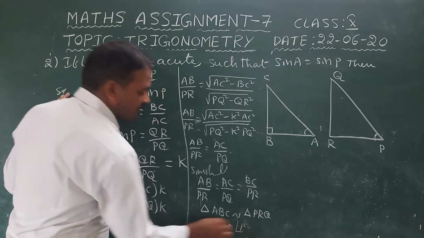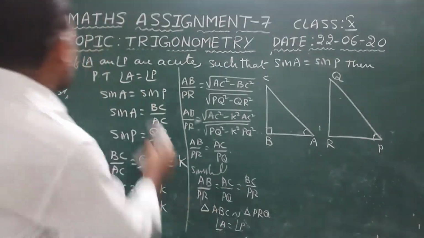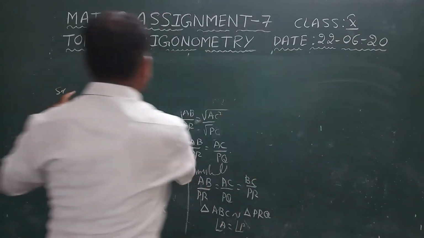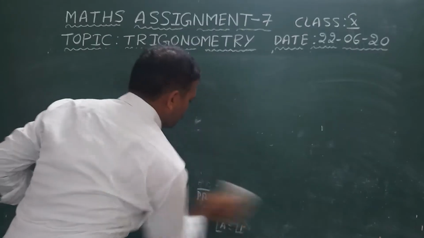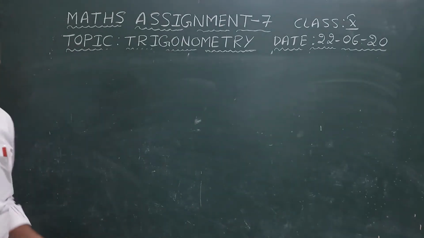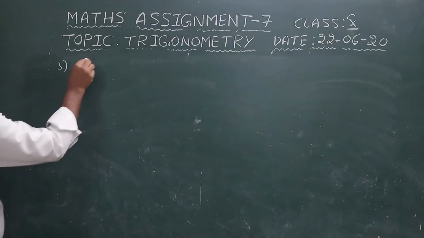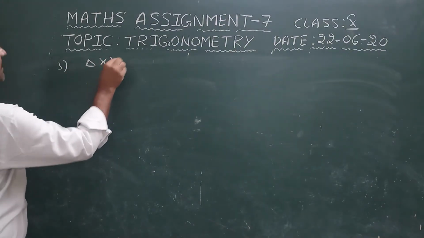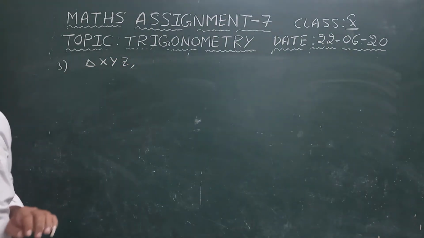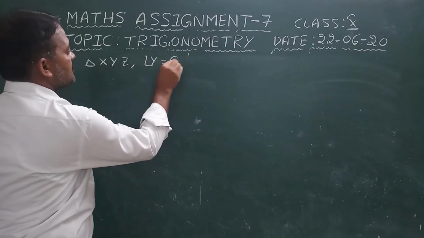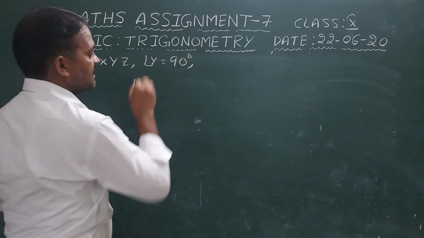So this is about the second question, students. Then I'll go for the third question. The third question is: in a triangle XYZ, angle Y is the right angle, which means angle Y is 90 degrees.